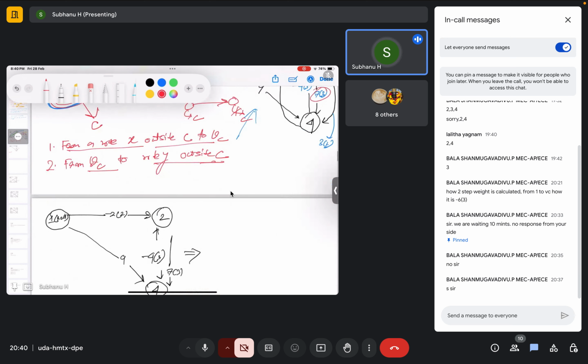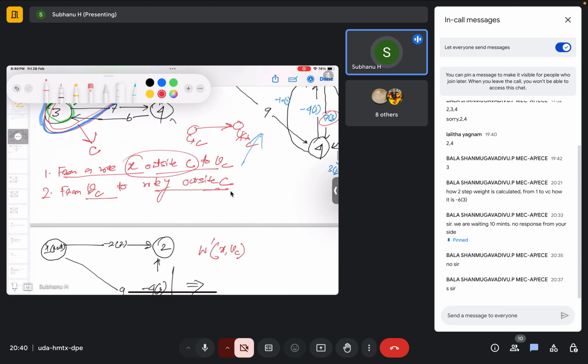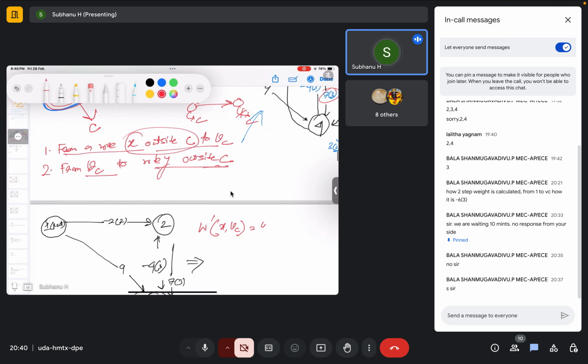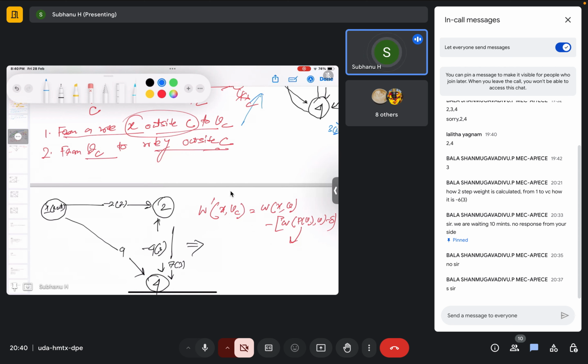What I mean is the new weight W dash of X to VC, where X is outside C, is equal to W of XV, what it was previously, minus W of P(V) V minus delta. Here P(V) is the parent of V within the cycle.